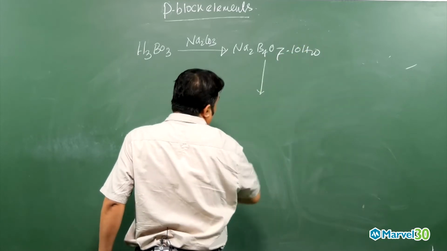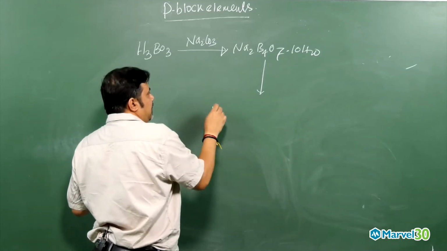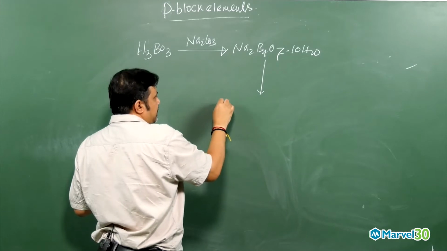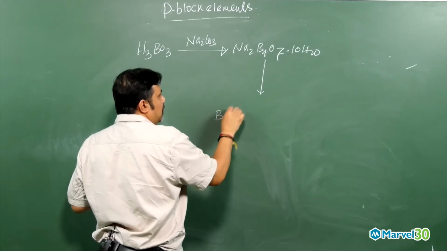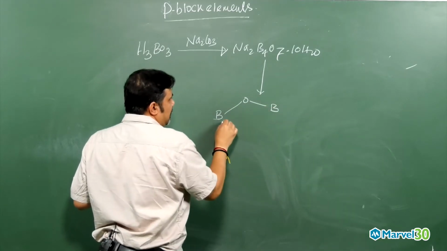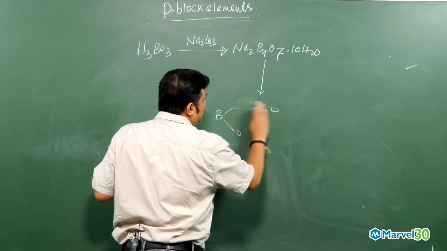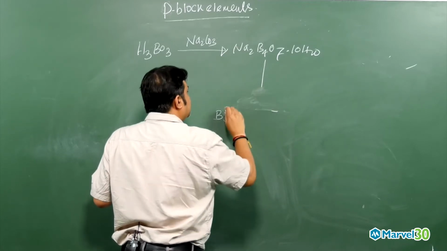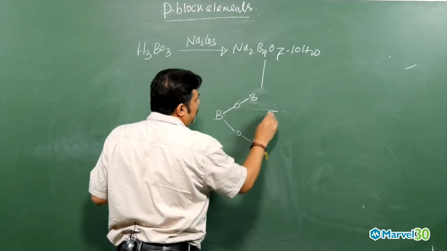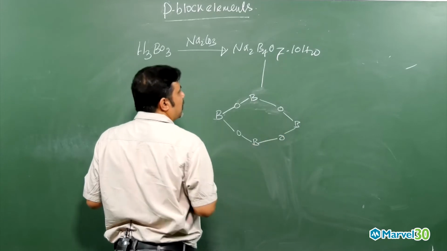This compound we used to present like this, but actually it will be present like this. Look at this boron, oxygen, and then boron, oxygen. Structure of borax: boron, oxygen, boron, and so on.